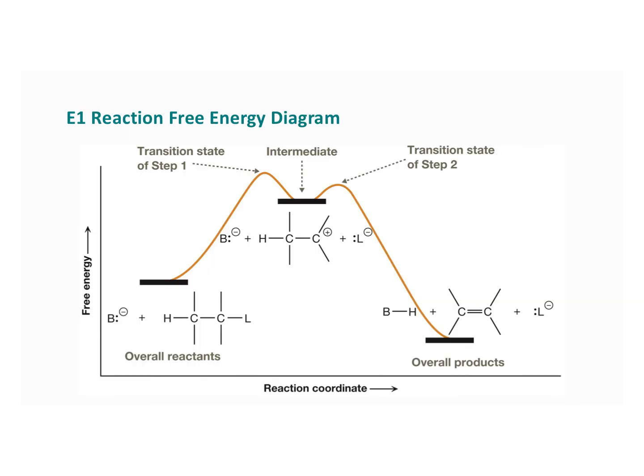Now, just like we looked at the free energy diagram for the SN1, this is the free energy diagram for the E1. It is strikingly similar to the SN1 reaction. Notice there are two transition states at energy maxima because the E1 mechanism consists of two separate steps. Also notice the single intermediate that appears at the local minimum in the energy between the two transition states, the two elementary reactions.